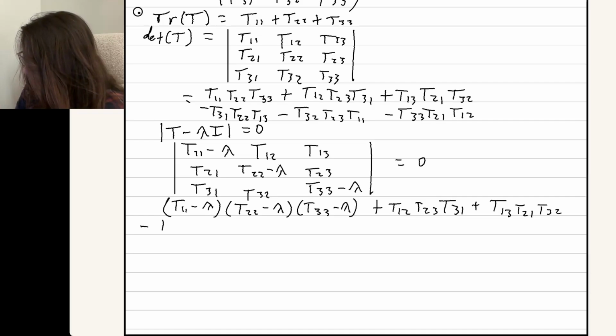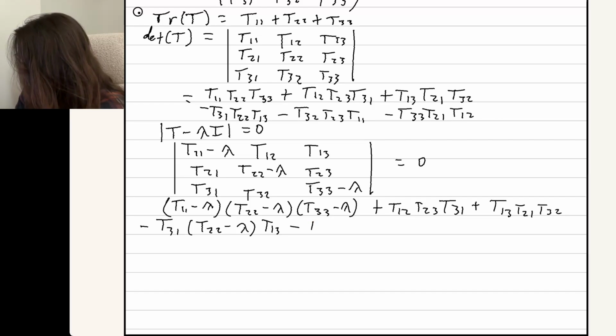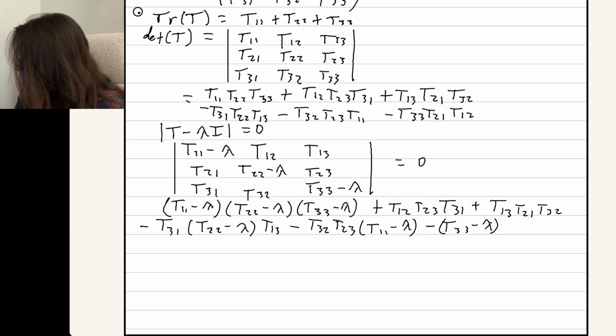Now we're doing minus T31 times T22 minus lambda times T13, minus T32 T23 times T11 minus lambda, minus T33 minus lambda times T21 T12, equals 0.